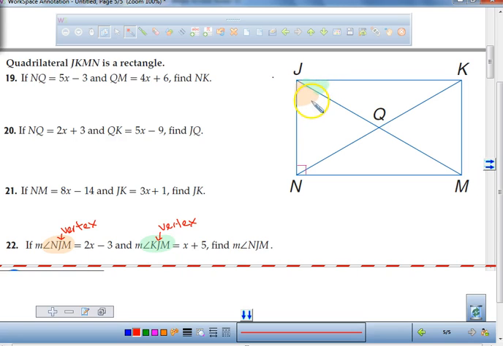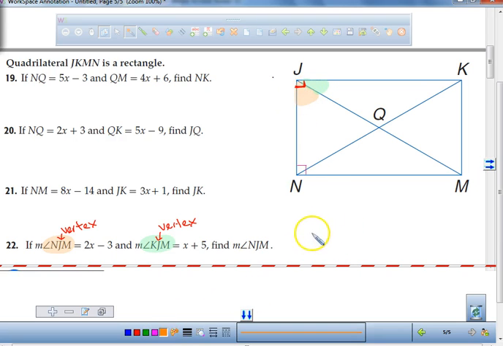No. It's a rectangle, right? What do they have to add up together to equal? They have to add up to equal 90 degrees. Which means this angle, the orange angle, plus the green angle, have to add together to equal 90 degrees.